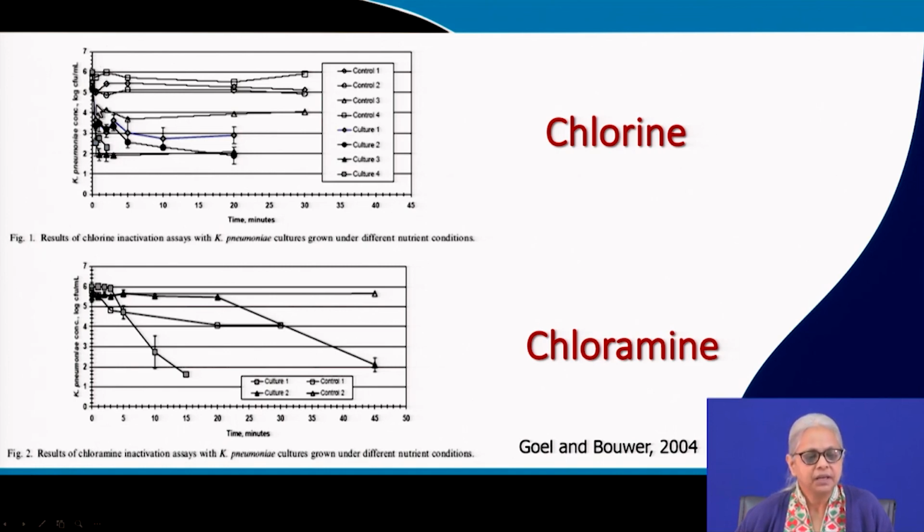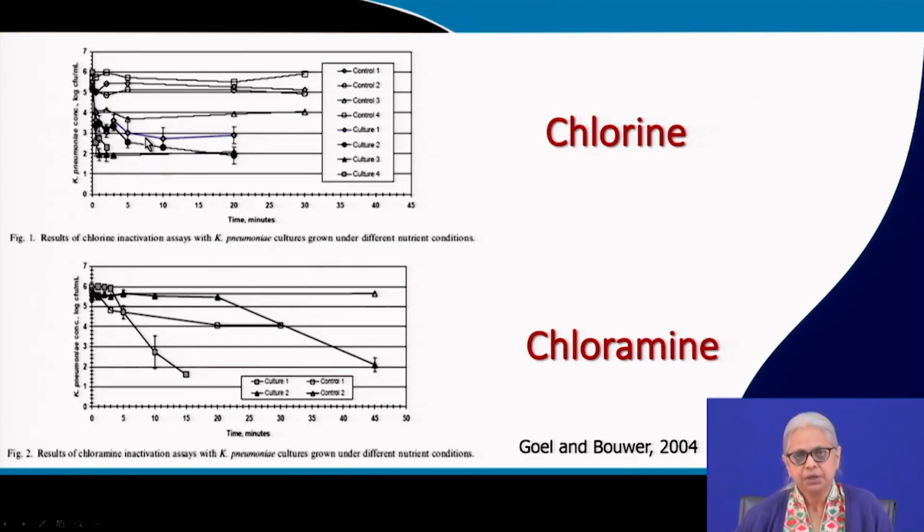You can see there is an exponential decay. From an initial concentration of 10 to the power 6, it fell to 10 to the power 2 in a very short period of time. All of the cultures that were exposed to chlorine had at least 4 log reduction to about 2 log reduction within less than 5 minutes.